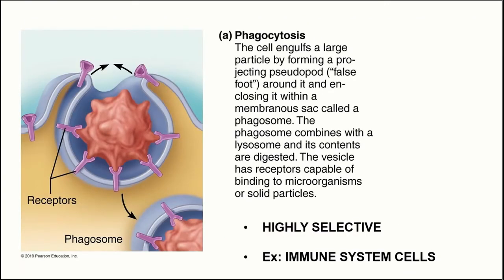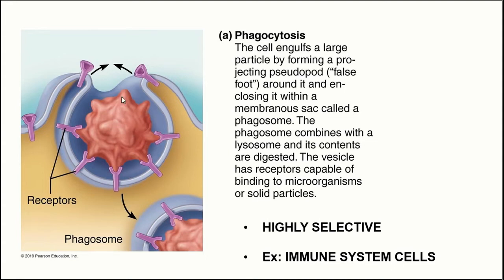So in phagocytosis, we have a relatively large piece of material that binds to receptors on the plasma membrane here. And so this blue wavy structure that we see here, that's our plasma membrane. These purple Y-shaped structures that we see are the receptors for this particular substance or piece of material that's outside of the cell here.